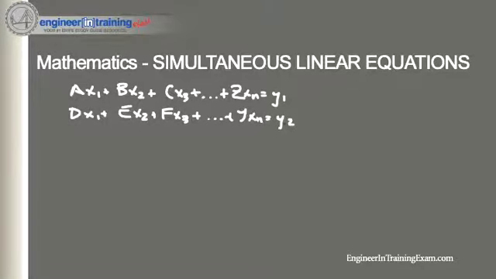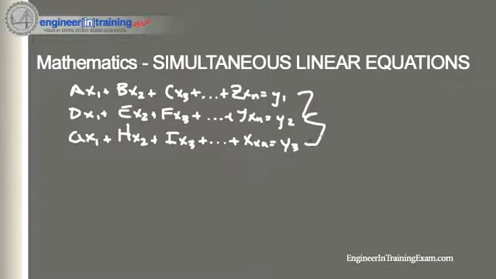And then finally we're given gx1 plus hx2 plus ix3 all the way to xn, and that's equal to y3. So this is our set of linear equations.